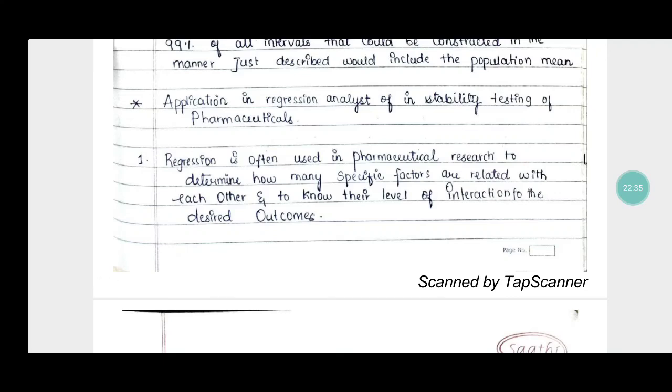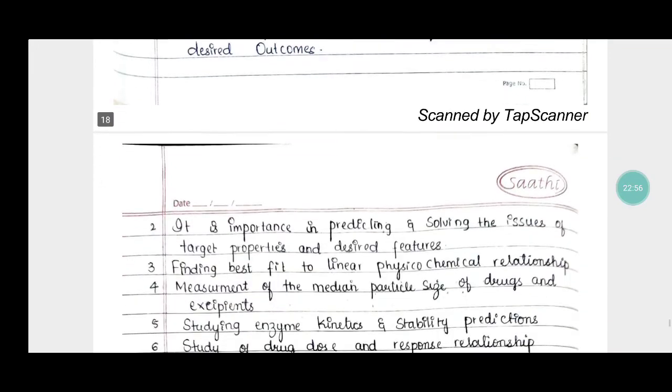And the applications of regression analysis in stability testing for pharmaceuticals. Number one, regression is often used in pharmaceutical research to determine how specific factors are related with each other and to know their level of interaction for the desired outcome.